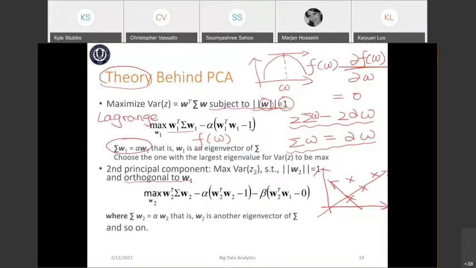Yes, that. Which line? It says W2 is another eigenvector of sigma, and so on. There's nothing next to the sigma. What does it mean when there's nothing next to it? Normally you'd see it next to a W.